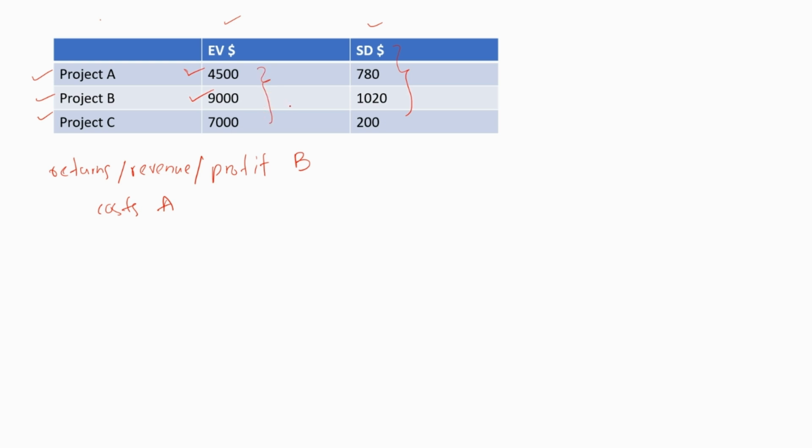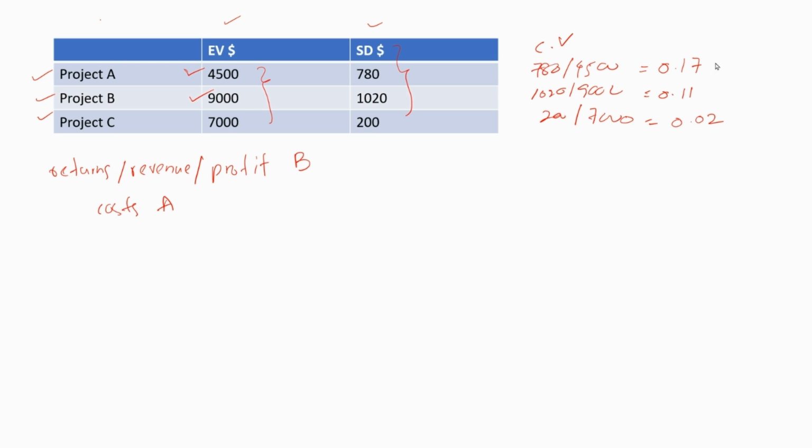So what we have to do is calculate the coefficient of variation for each project. So this will be 700 divided by 4500, 1020 divided by 9000, 200 divided by 7000. So these are the coefficients of variation.